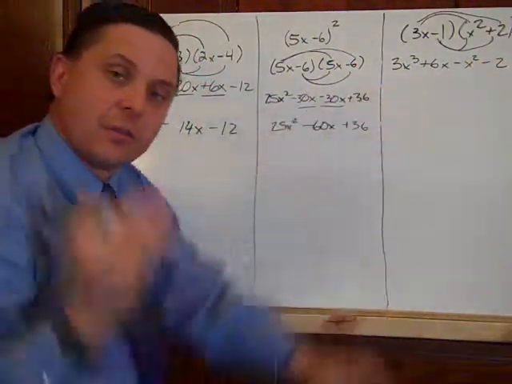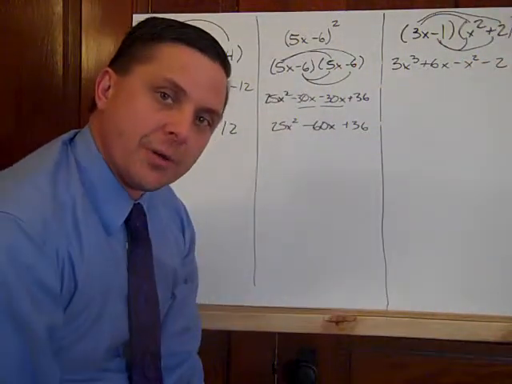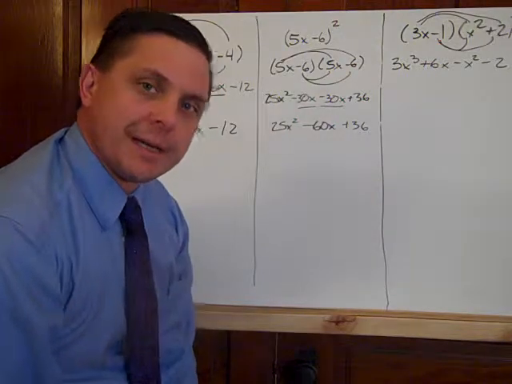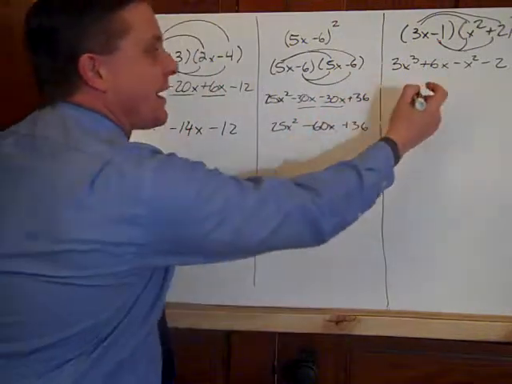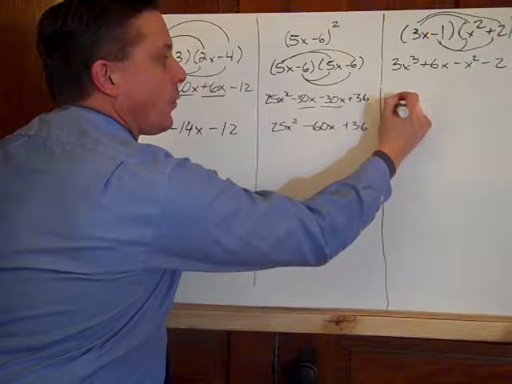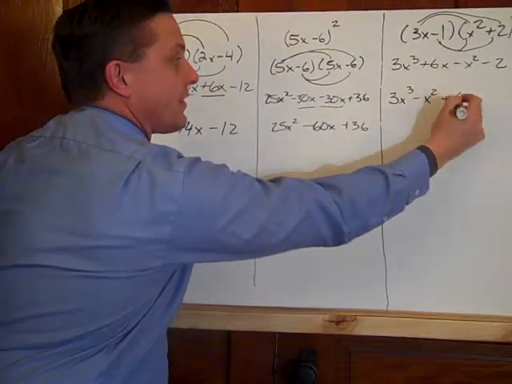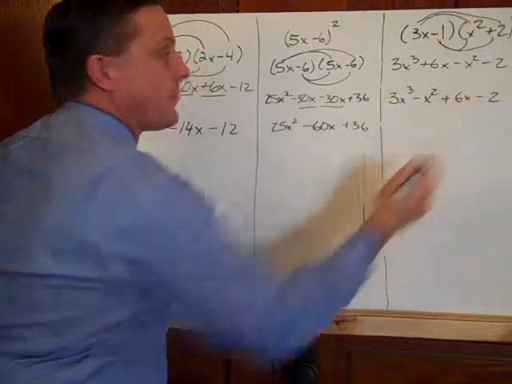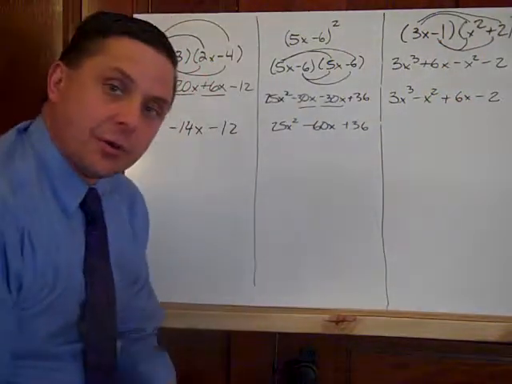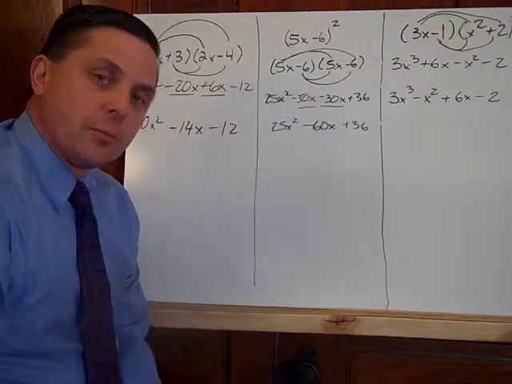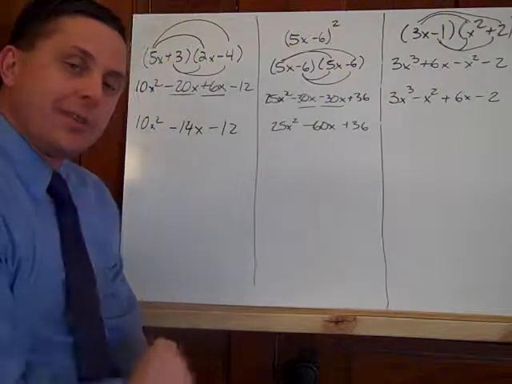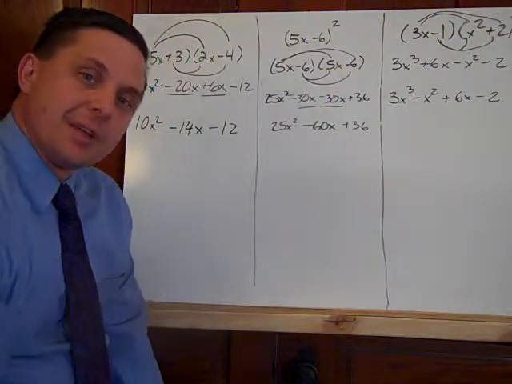Now when I look at this 4-term polynomial, none of the terms are alike. So I'll want to write this in descending power, so I'll switch the order around and have 3x cubed minus x squared plus 6x minus 2. So you don't always combine the middle terms. Binomial multiplication: everything in one side has to multiply everything in another.